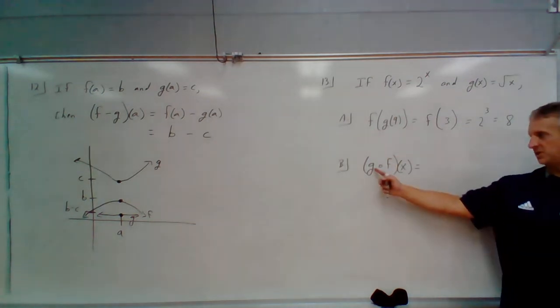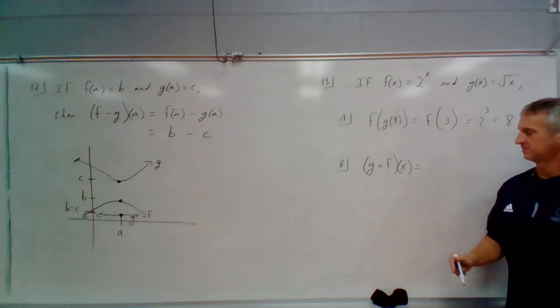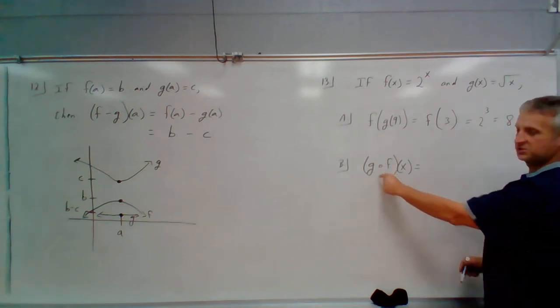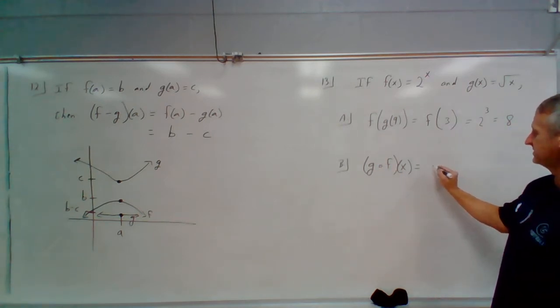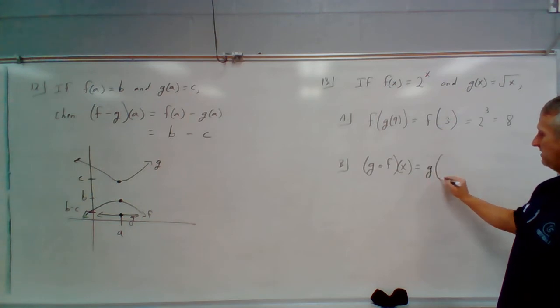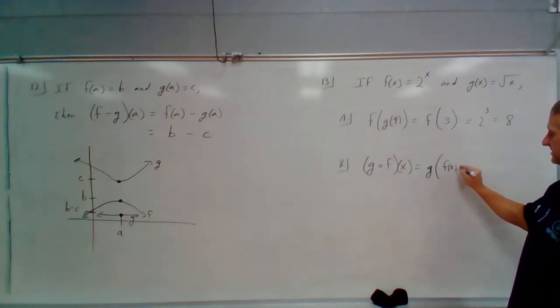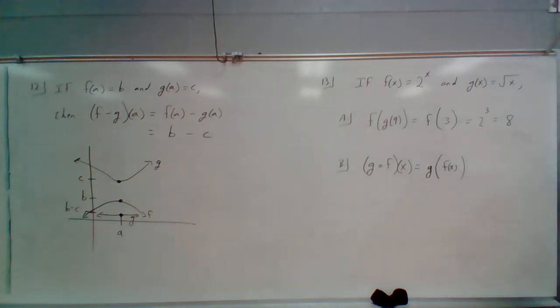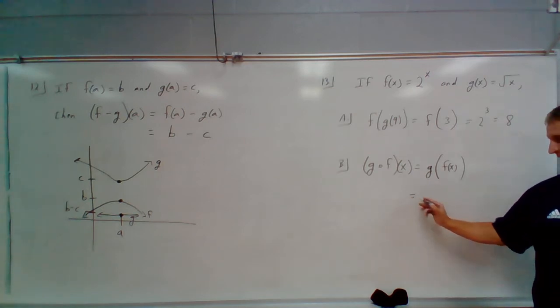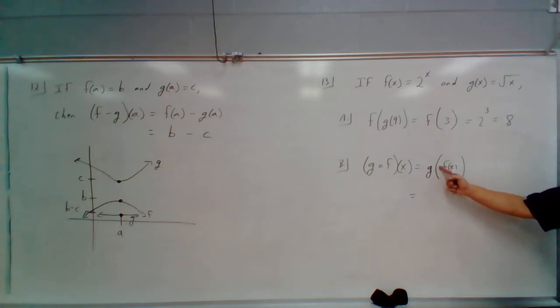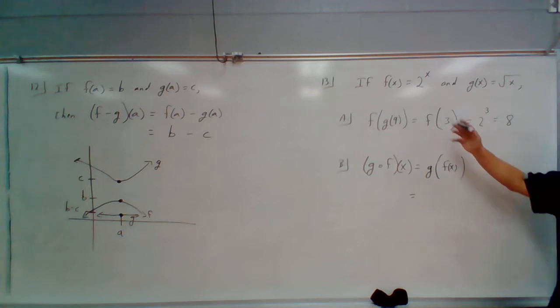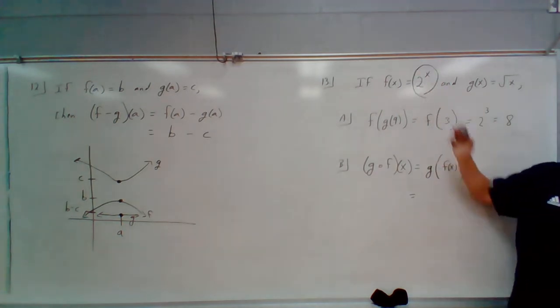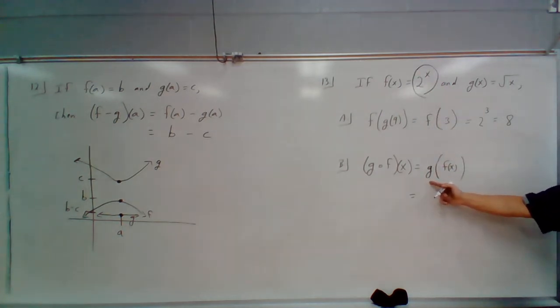All right. G circle F of x. Remember, this is just a symbol that means G of F of x. That's just what that means. So I'm going to plug F of x, the entire function, the whole thing, into the G function.